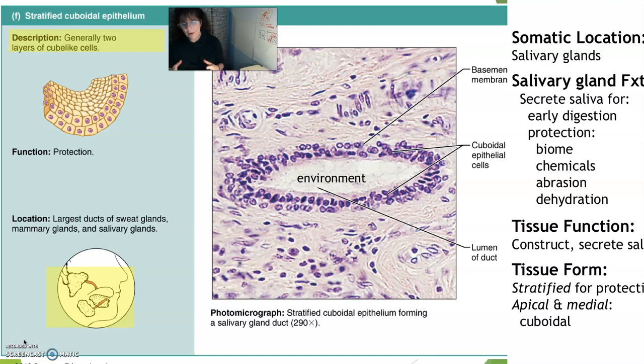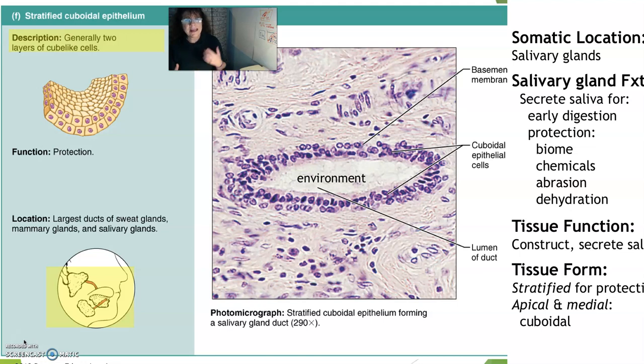So if you think about a cell that would construct a complicated solution and secrete it, you would come up with a tissue form that would probably be a cube to hold the volume of this solution, and it would be stratified for protection because you get a lot of wear and tear in your mouth.